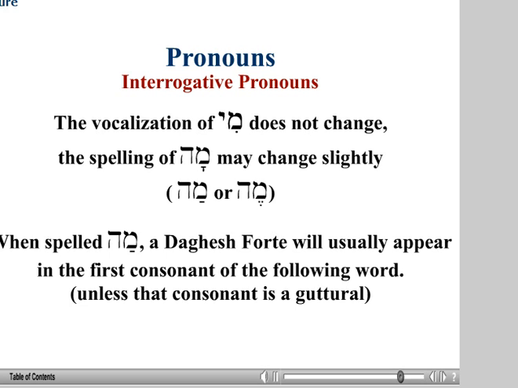It is not essential to know what causes these spelling changes. It is easier simply to be aware of the three spelling options. And once again, they are mah with qamets, meh with patach, and meh with segol.